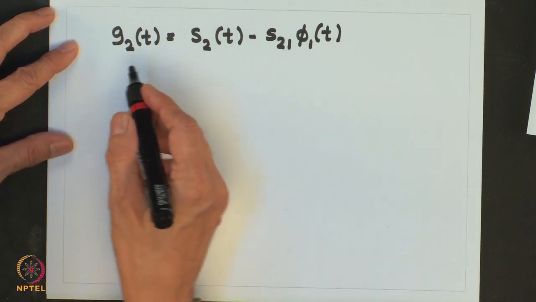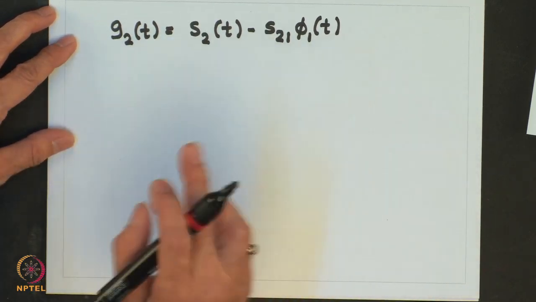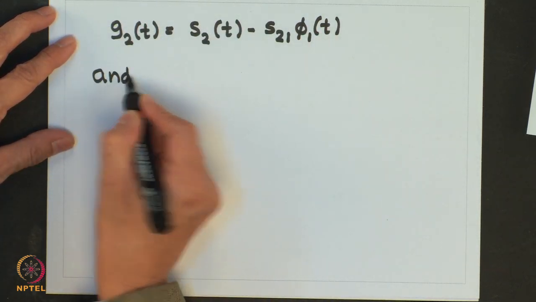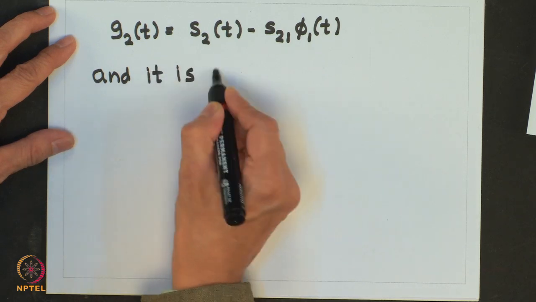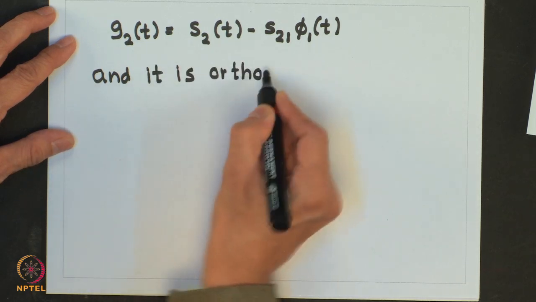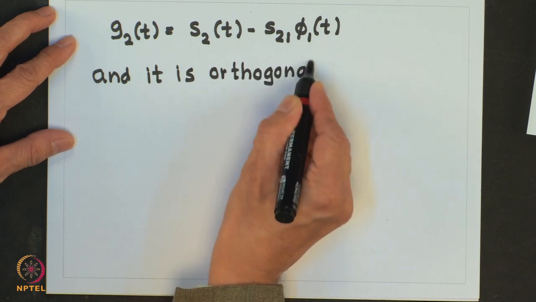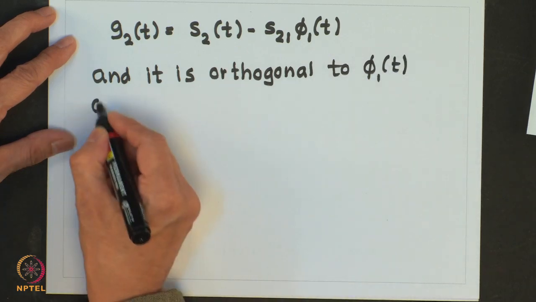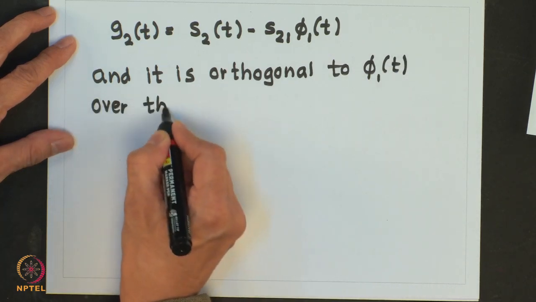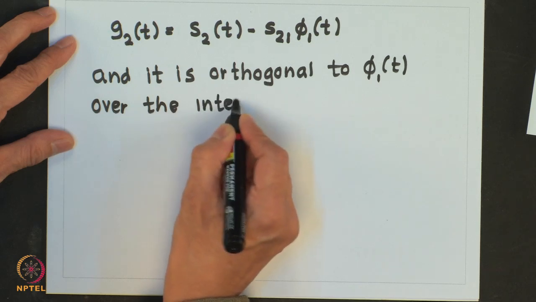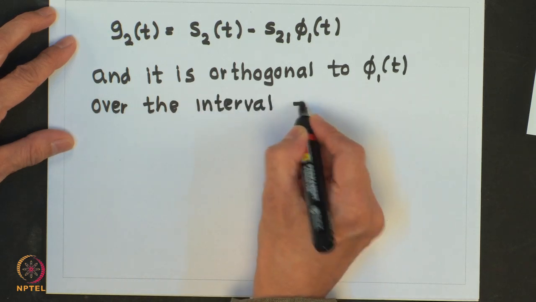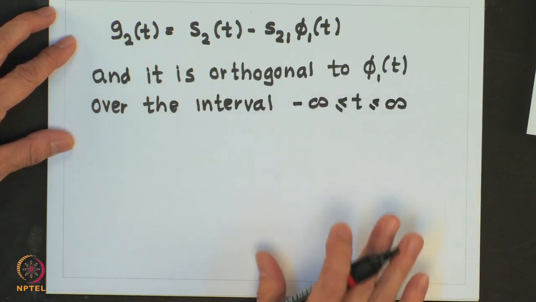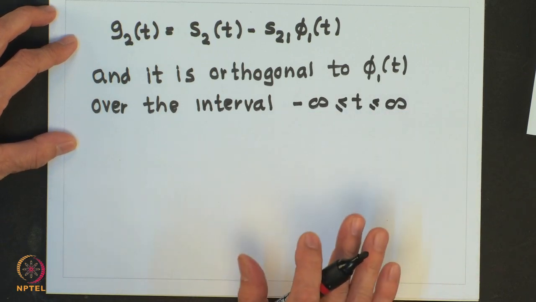Now we know from our study on orthogonal expansion of signals that this error signal is going to be orthogonal to phi 1(t) over the interval we are using, without loss of generality.